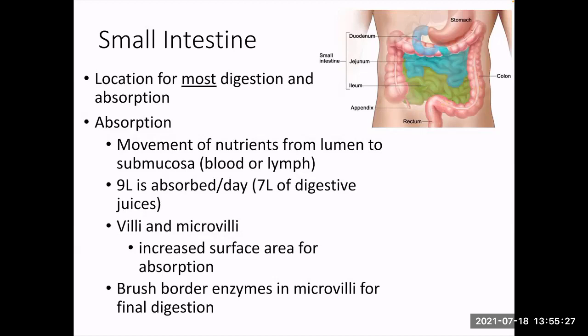You absorb about 9 liters a day through your small intestine, but 7 of those liters are actually the digestive juices that you make. But you can see there's a difference of 2 liters.